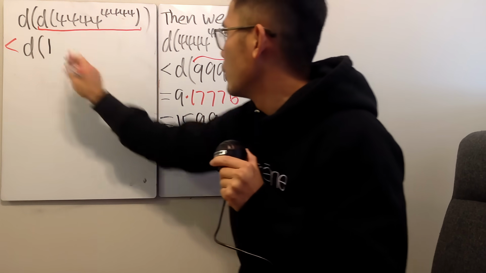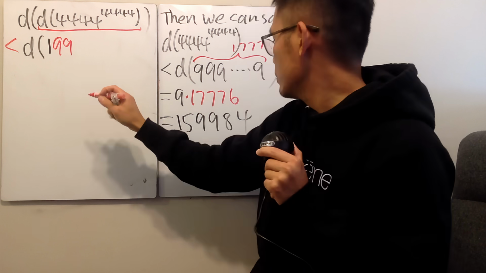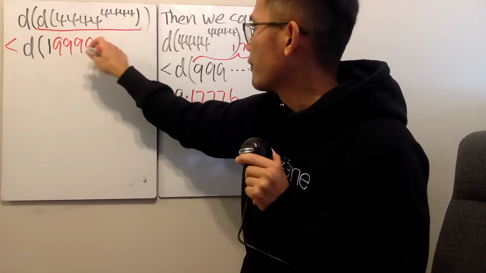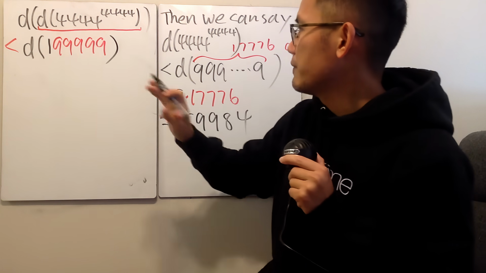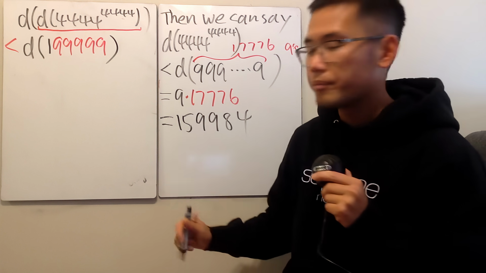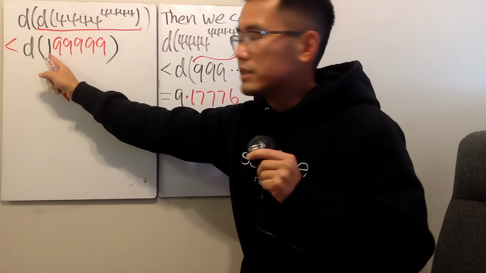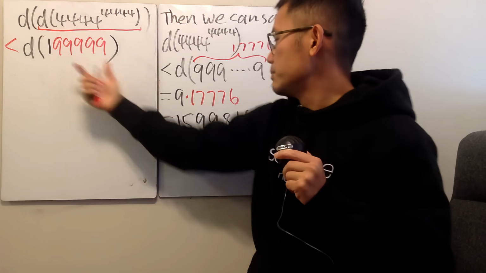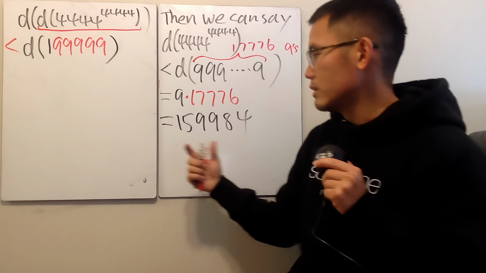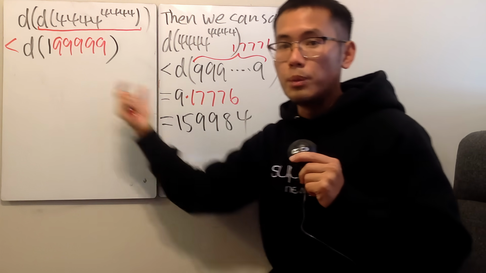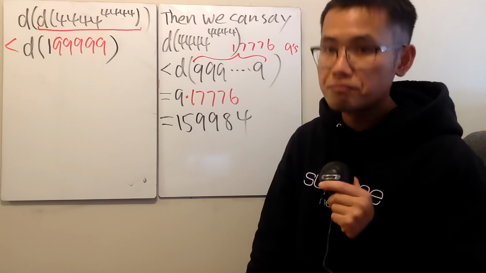So we have 1, 2, 3, 4, 5. So we have this many 9s like that, right? Of course, if this first digit is the same, this right here is bigger than the one with all 9s. So of course, the digit sum of this will be bigger than the digit sum of that. Good.